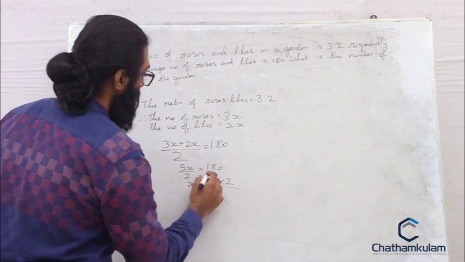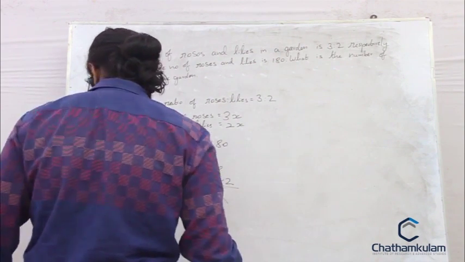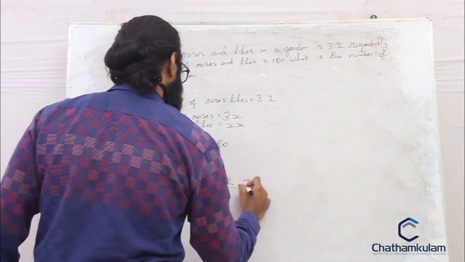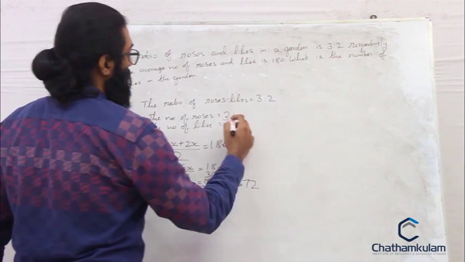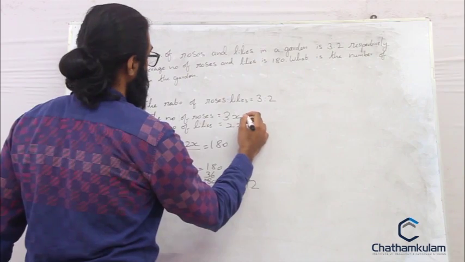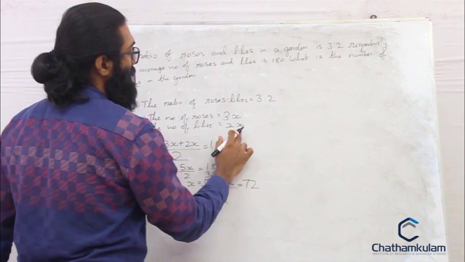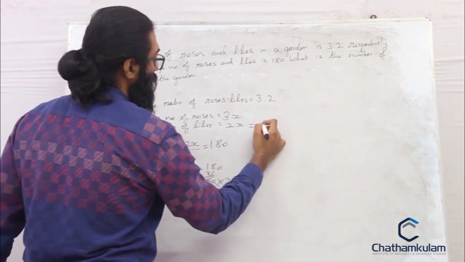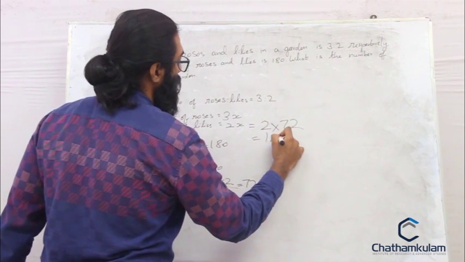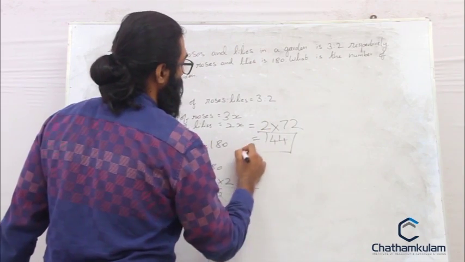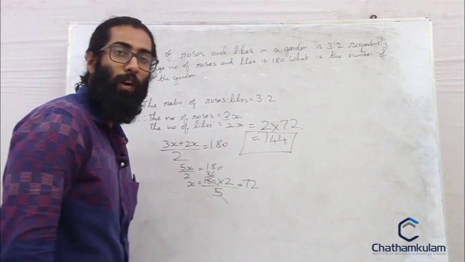Cancel 5 and 180, we get 36. 36 into 2 is 72. Since x is 72, the number of roses is 3x, right? Therefore, we need the number of lilies, right? So we take the number of lilies as 2x equals 2 into 72, that is equals 144. Therefore, the number of lilies is equal to 144.